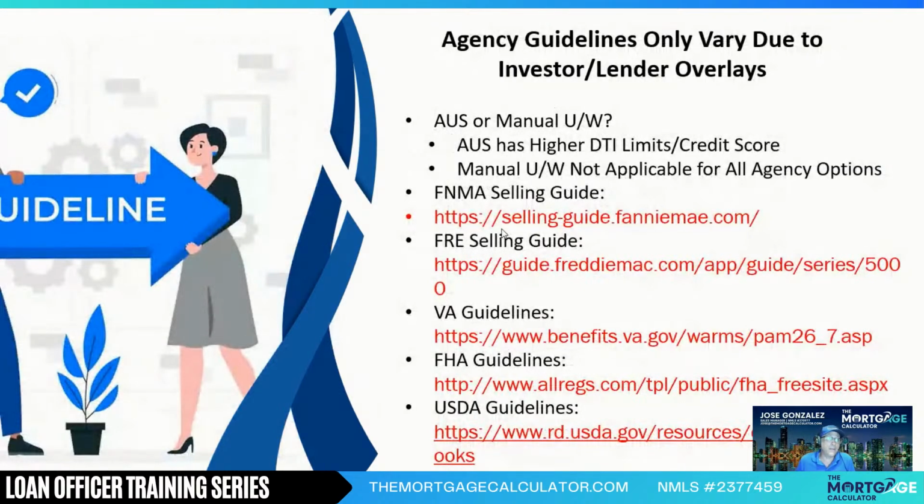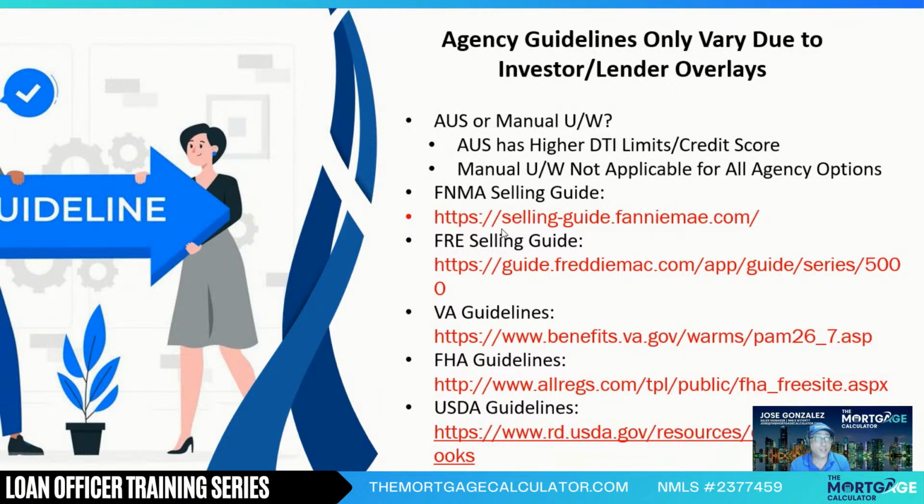So, in breaking down the agency guidelines a little bit, I mentioned agency guidelines only vary due to investor or lender overlays, depending on if we're dealing with them as a non-delegated correspondent lender, it's our investor. If we're dealing with them as a wholesale channel broker, then they would be the lender for some of the few options that we don't fund ourselves.